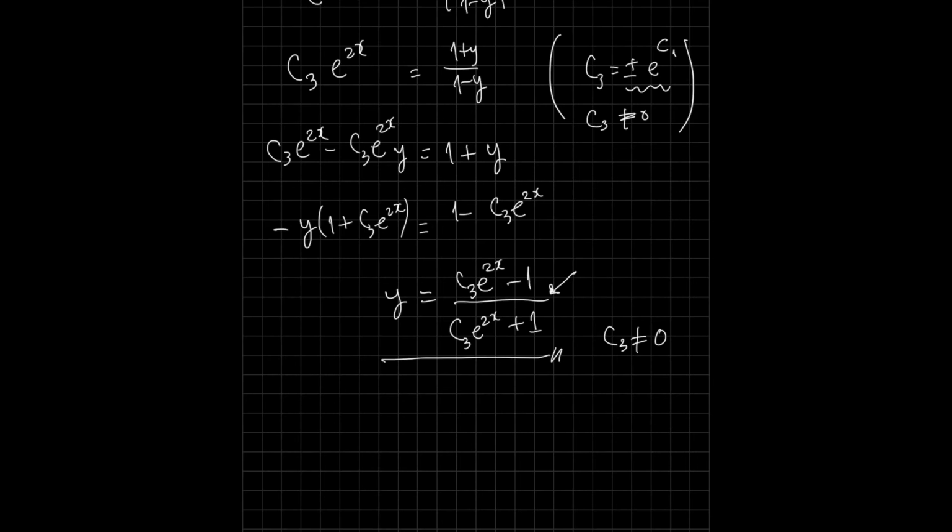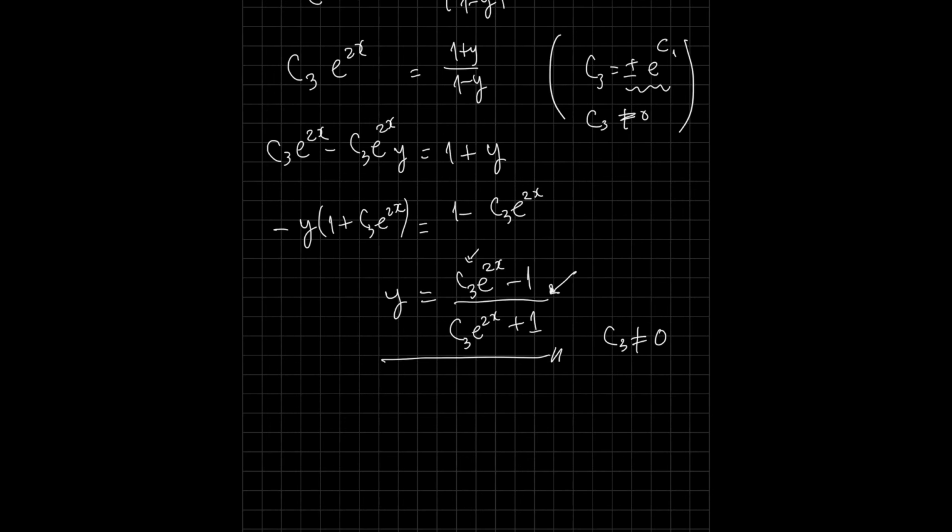You see that? Because the only way you get a -1 is if the first term in the numerator and the denominator are both 0. And that only happens when C3 equals 0. So here C3 is not equal to 0, and therefore y equals -1 is not included here.